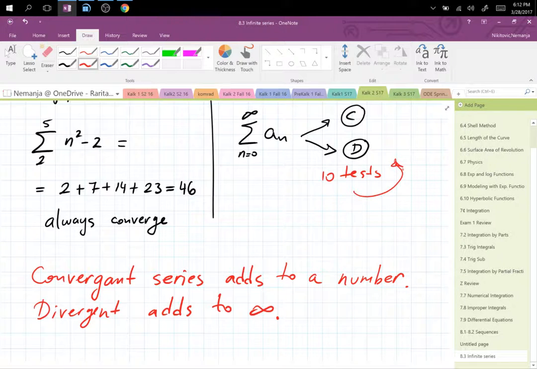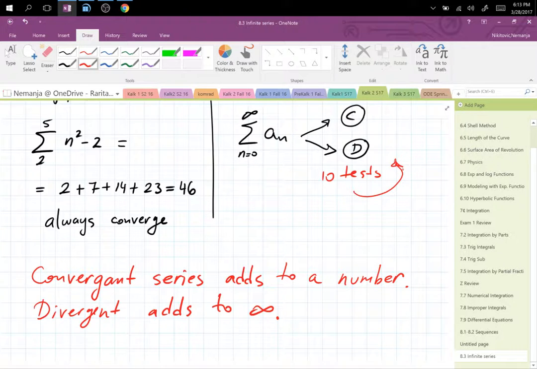The other 8 will tell us about divergence or convergence, but they will not be able to tell us what value they converge to. So I would know that a certain series converges, but I don't know what it converges to. So I will have to use some other mathematical means and techniques to figure that out.